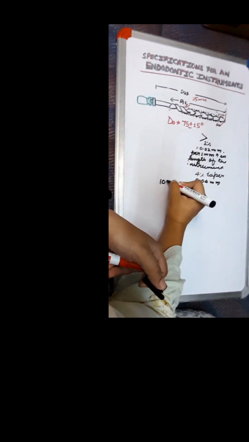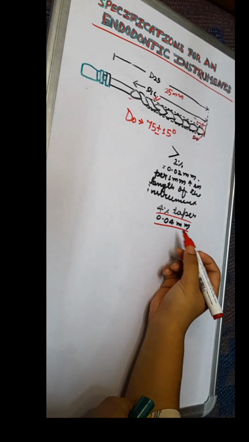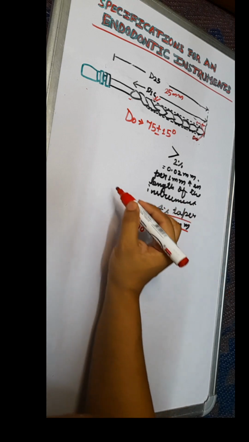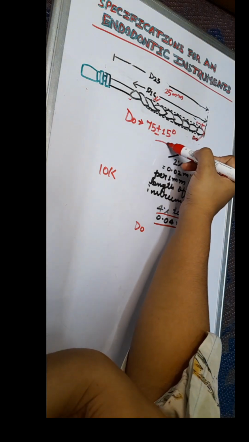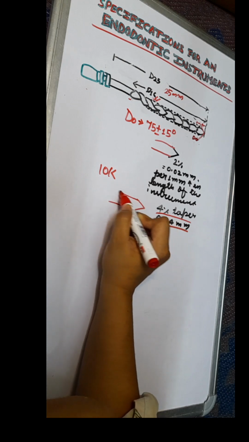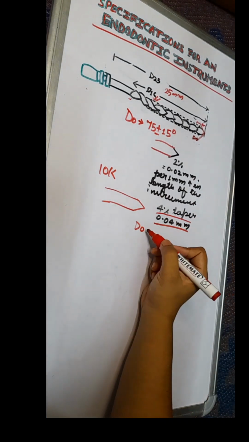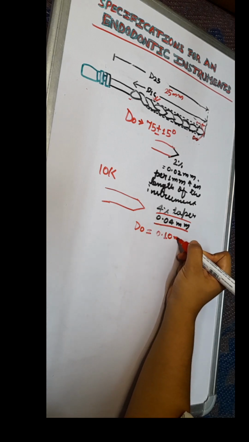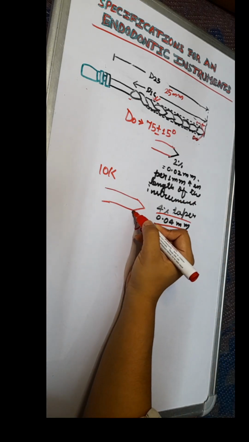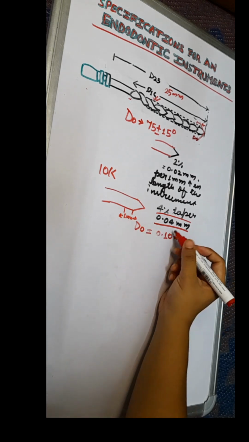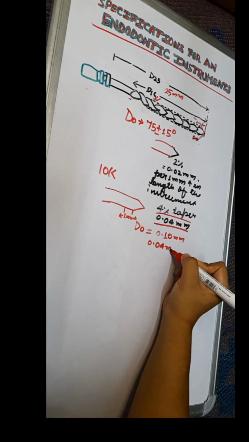Now when we are talking about the 4% taper of a 10K file, the tip diameter, that is D0, would be 0.10 millimeter, and with every millimeter increase in length of the instrument, the diameter would increase by 0.04 millimeter.